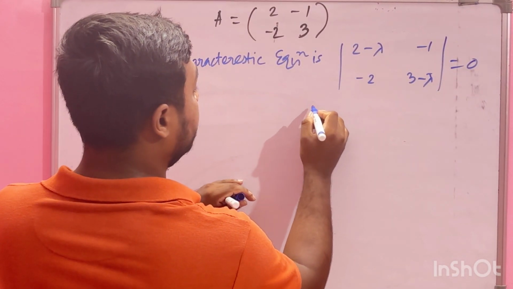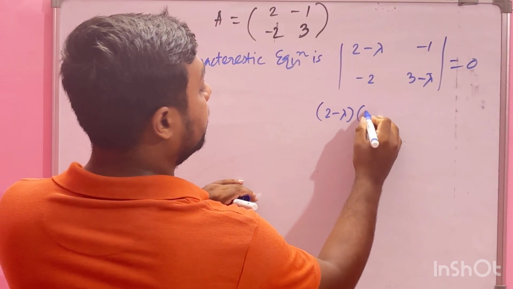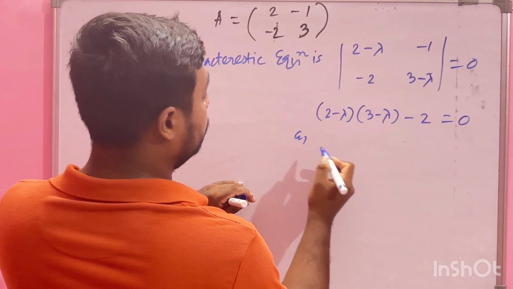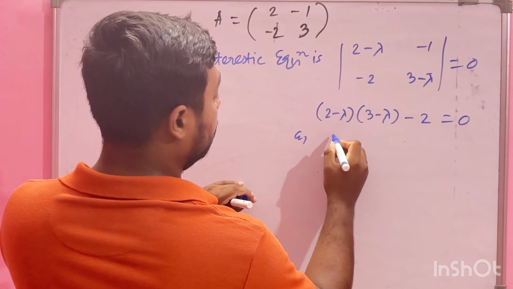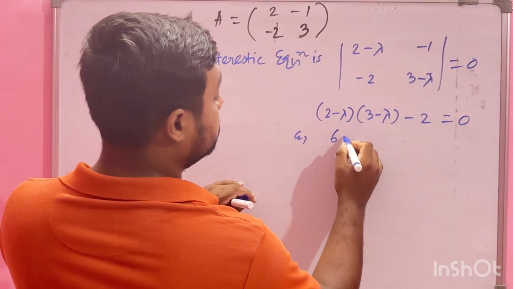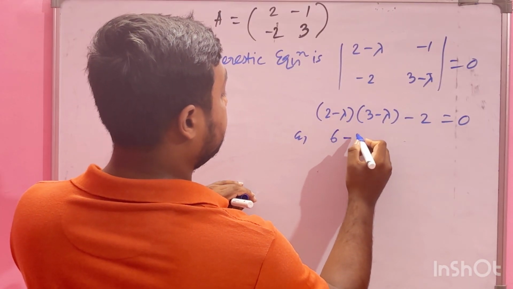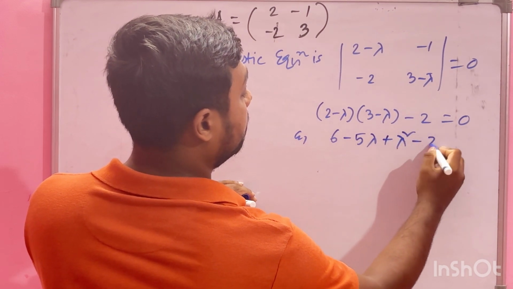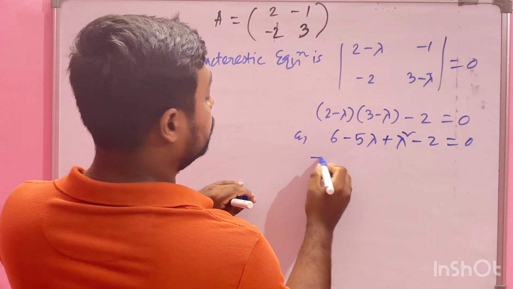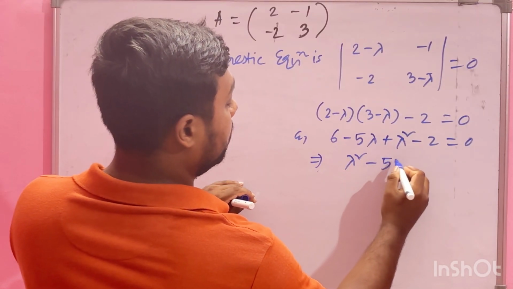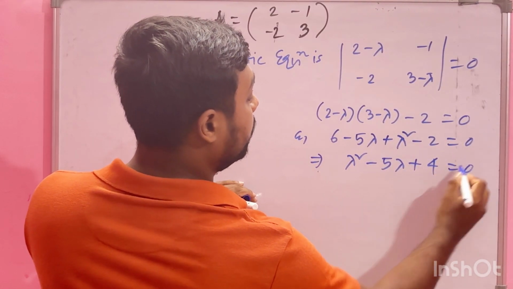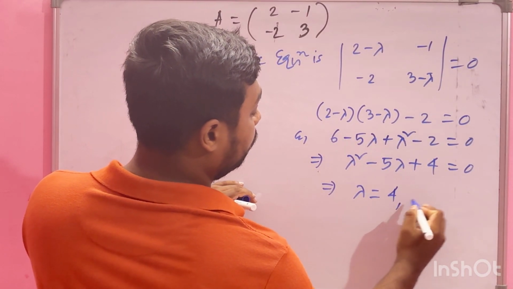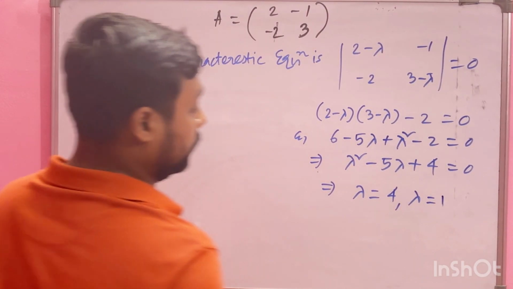So from here we get (2 - lambda)(3 - lambda) - 2 = 0, which implies 6 - 5 lambda + lambda square - 2 = 0, which implies lambda square - 5 lambda + 4 = 0. From solving here we will get lambda equal to 4 and 1.